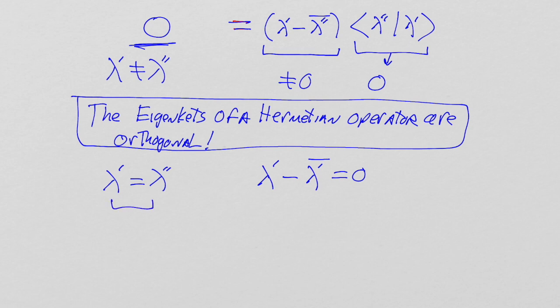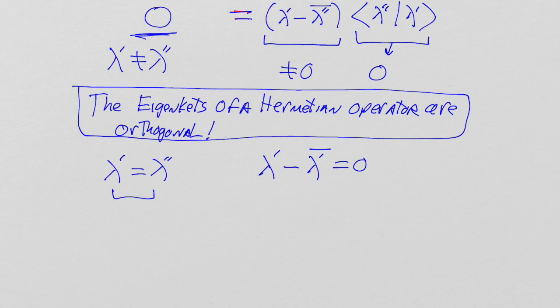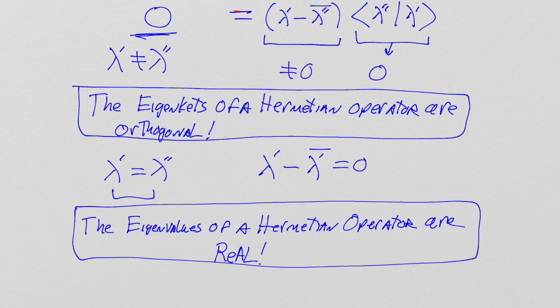Well, the only way a number minus its complex conjugate can be 0 is if the number is real. So that brings us to our second critical point: the eigenvalues of a Hermitian operator are real.